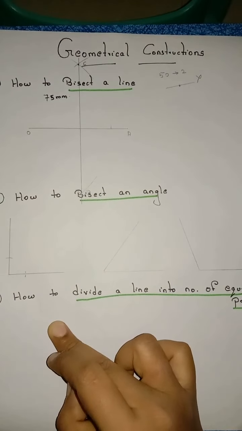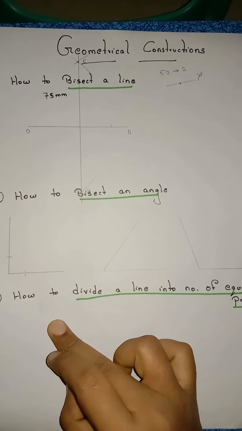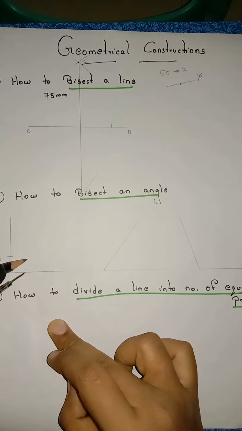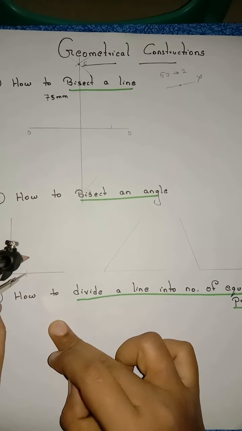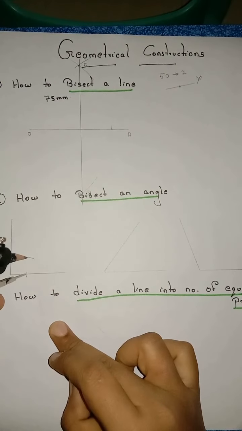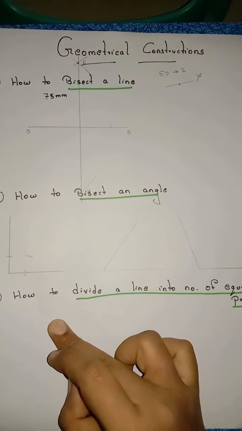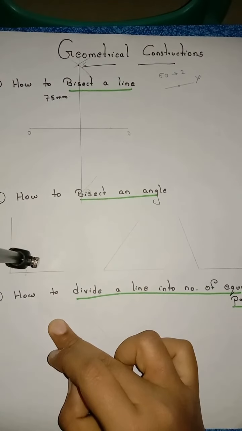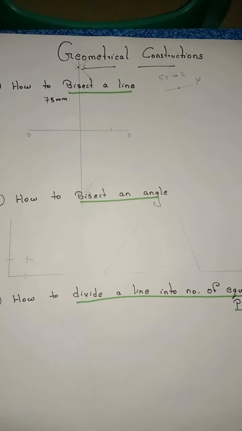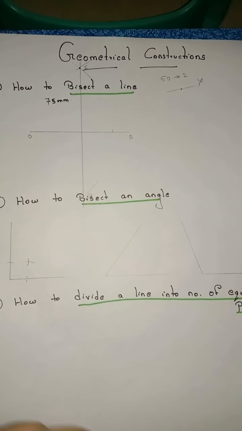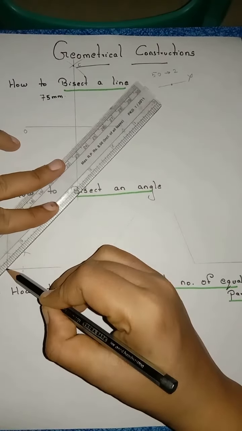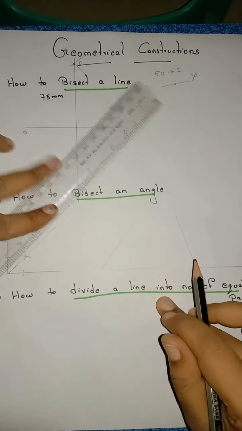With the same radius, don't change the radius of your compass, keep your compass on the first arc which you drew on the horizontal line and draw an arc in the middle. Keep your compass on the second arc and cut the previous arc. Now join this. This is nothing but bisecting an angle.